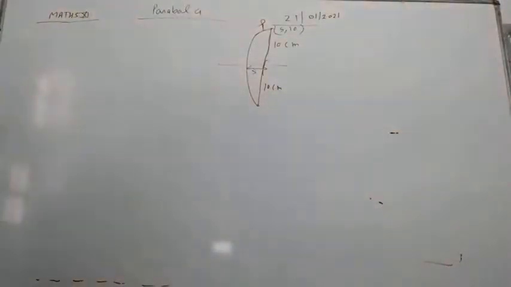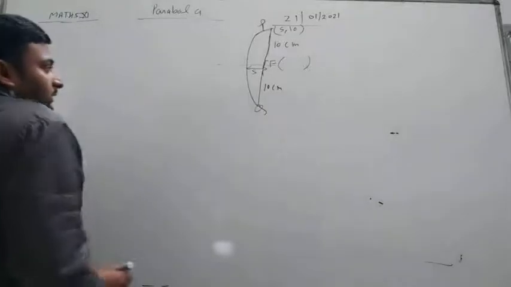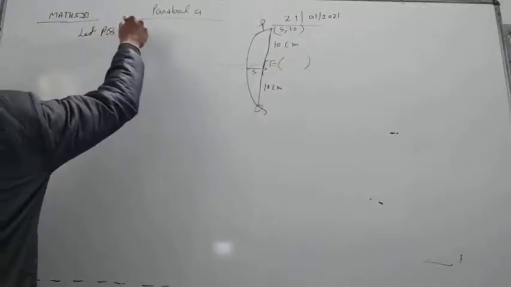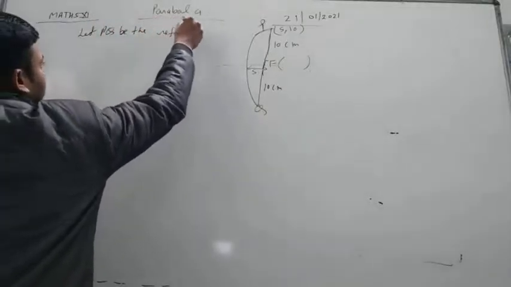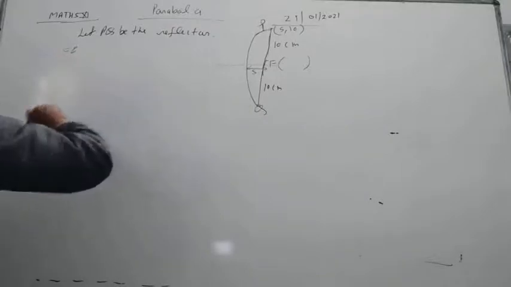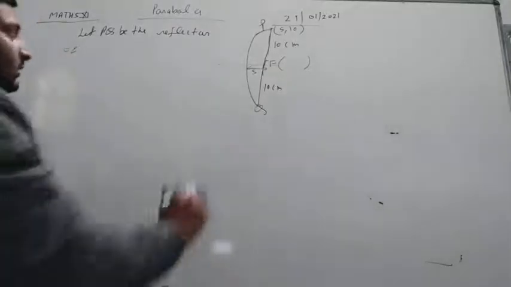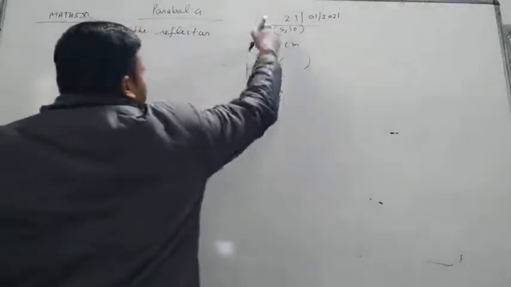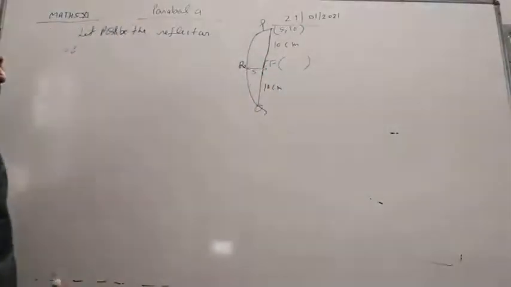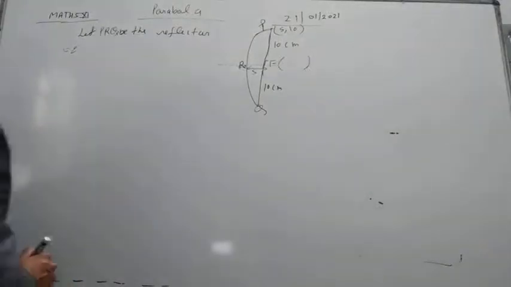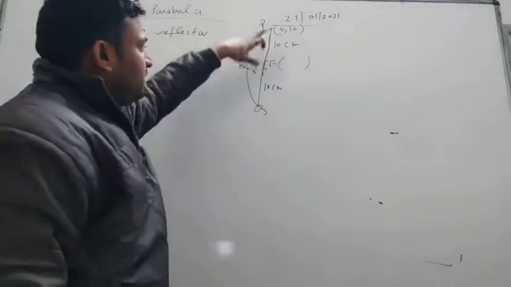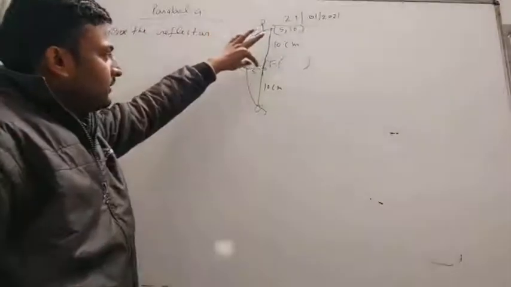So let PRQ be the parabolic reflector, and the diameter is 20, so it will be 10 and 10, and it is 5 centimeter deep.